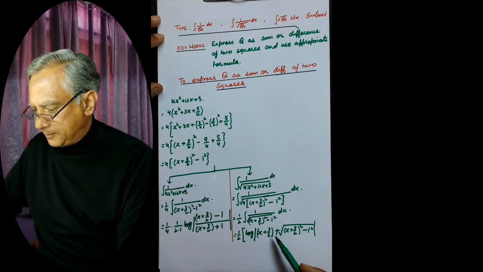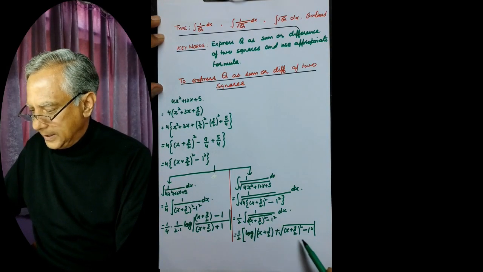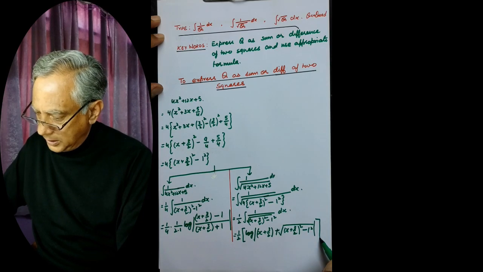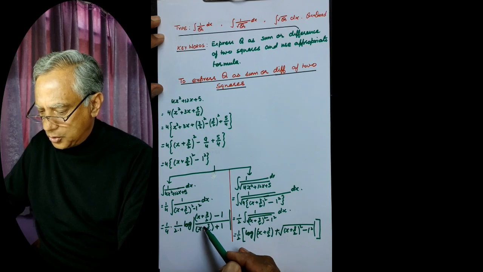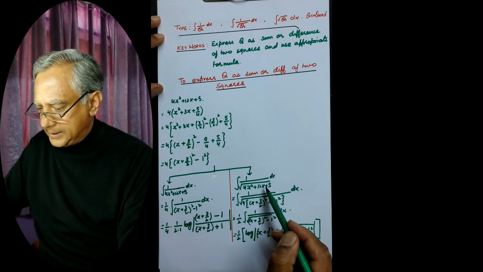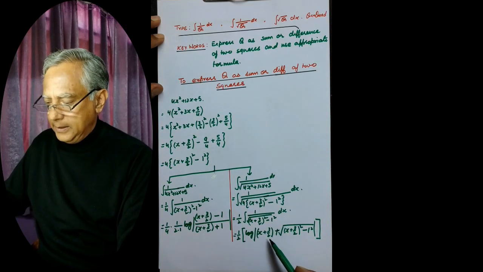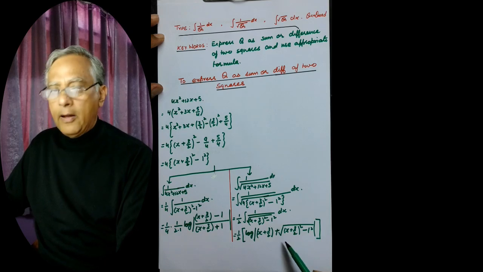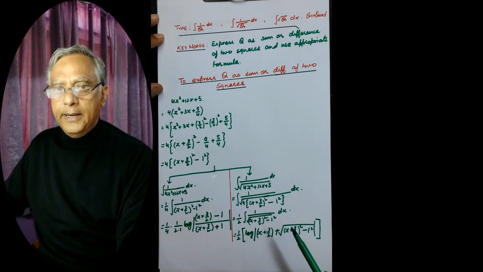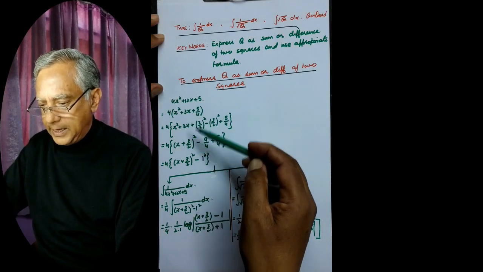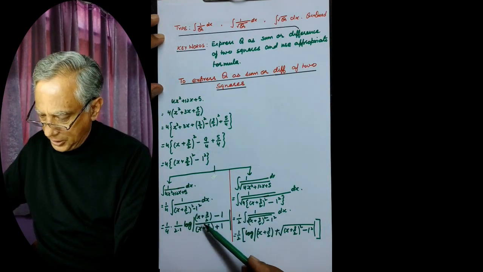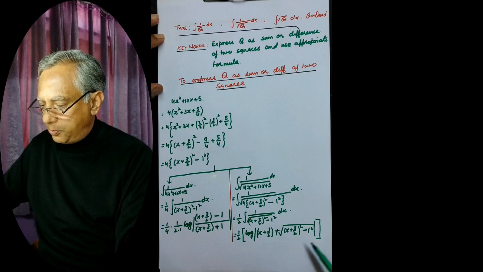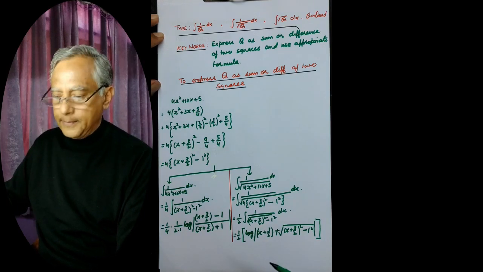This is the formula. So if the question is like this, the formula used will be this. If it is this, the formula used will be log x plus under root x square minus a square. So the procedure is the same for all these types. Only at this stage you will have to use different formulae.